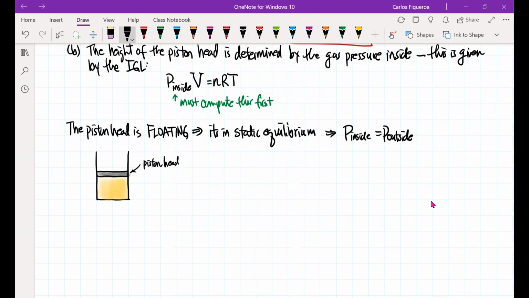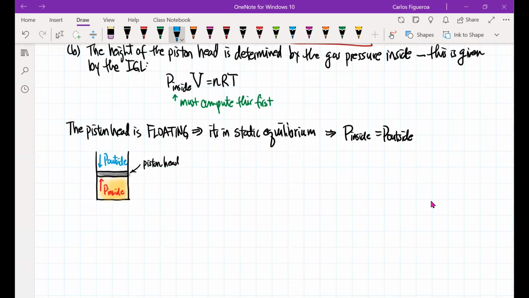We have two pressures at play: the pressure from the gas inside pushing up, and the pressure from the outside pressing down.